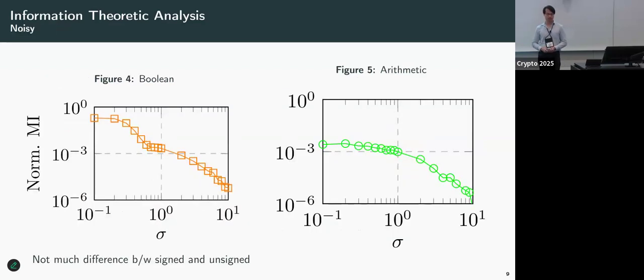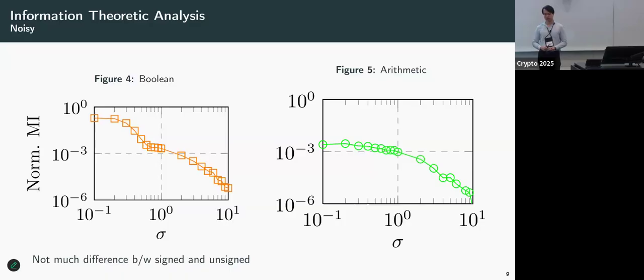That was the case when it's noise-free. When there is noise, this slide shows the results. We changed the noise level, which is the standard deviation of the Gaussian noise. The result shows that there is still not much difference between signed and unsigned representation.